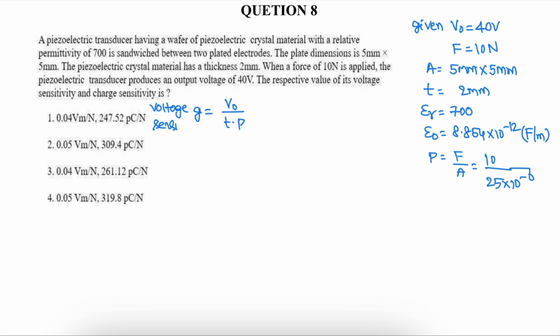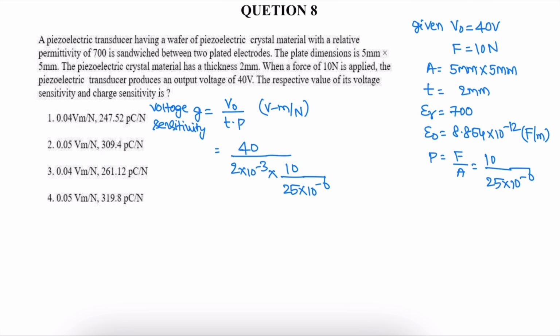Voltage sensitivity G is equal to output voltage divided by thickness into pressure. Units is voltmeter per Newton. So that is output voltage 40, thickness 2 mm, 2 into 10 power minus 3, pressure is 10 by 25 into 10 power minus 6.